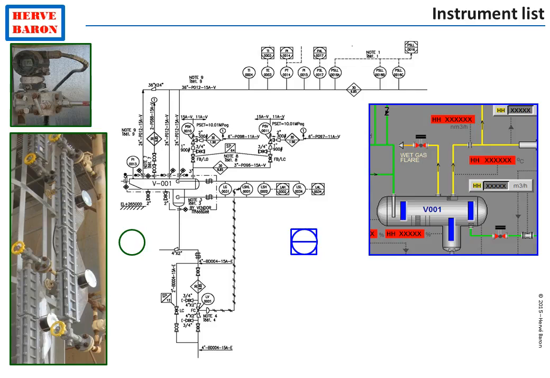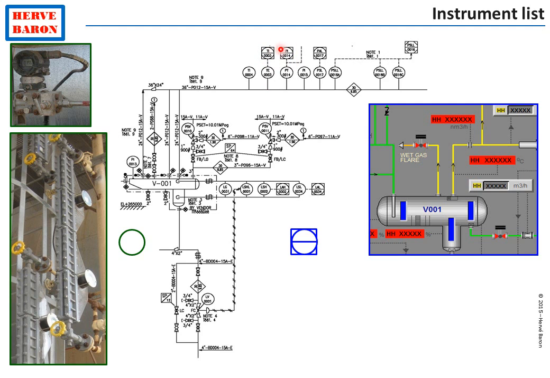There are two types of instruments. Field instruments, which are depicted on the P&ID by means of a circle, such as this pressure indicator, and virtual, also called soft instruments, which are displays on control systems screens or signals inside systems.